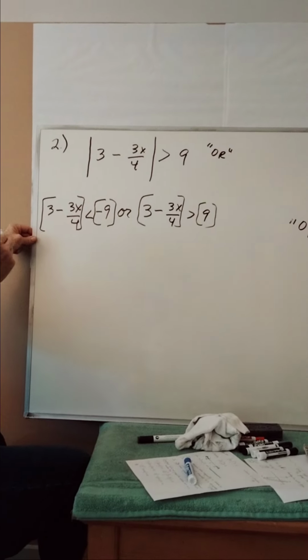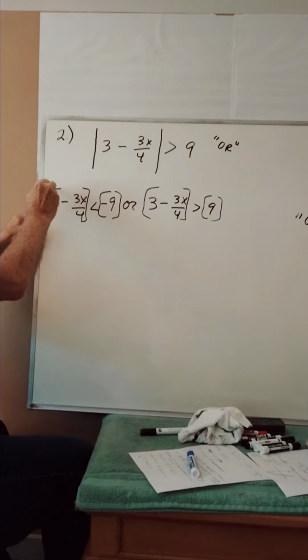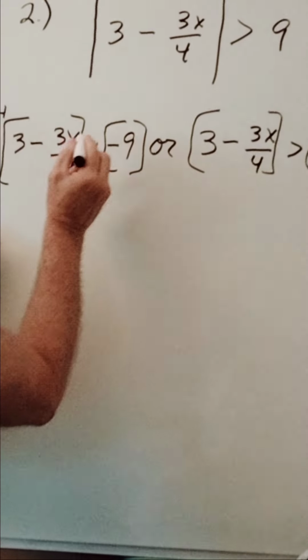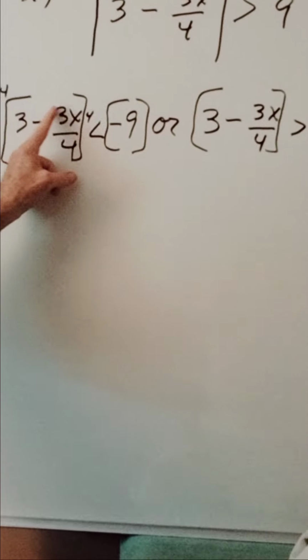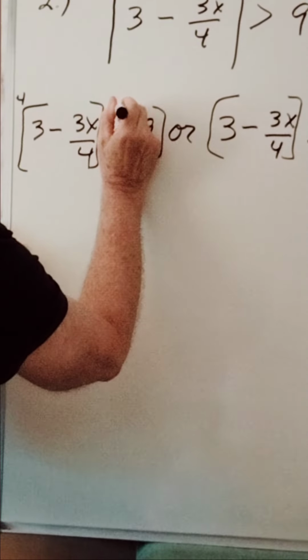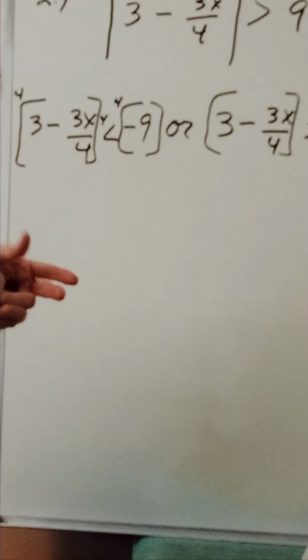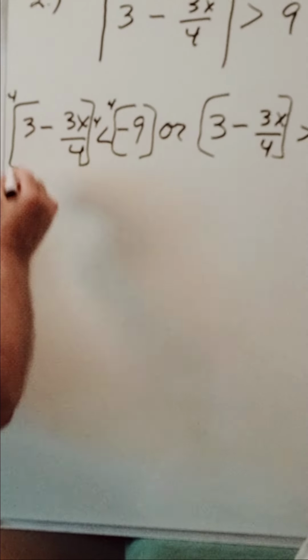So folks, watch the number of times that I write the 4 down. I'll put it right there for that positive 3. I'm going to stick another one right there, and that 4 will be reserved for this fraction. And then I'll insert another 4 right there. 1, 2, 3 terms. 1, 2, 3 4s. 12.